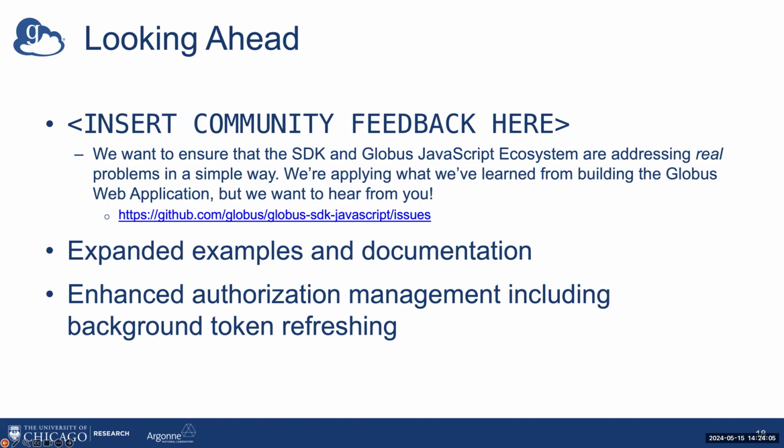But if there are specific needs from you, we want to hear from you. One of the ways to do that: the GitHub repo does have issues, so it's great to post issues there. If you want to reach out more directly, or you don't want to have an issue or information publicly available, you can always reach out to support@globus.org to reach our team.